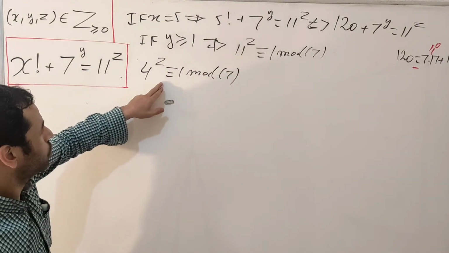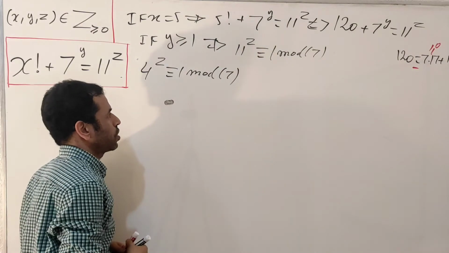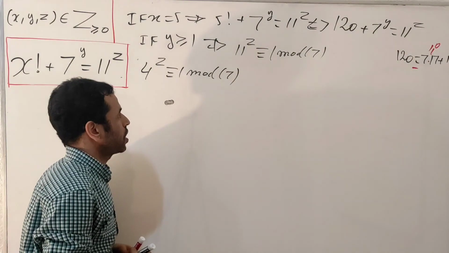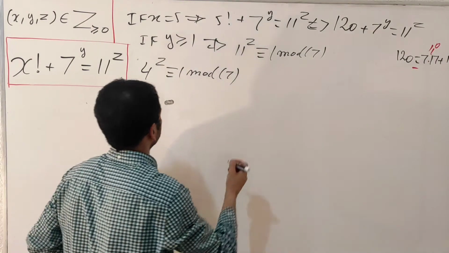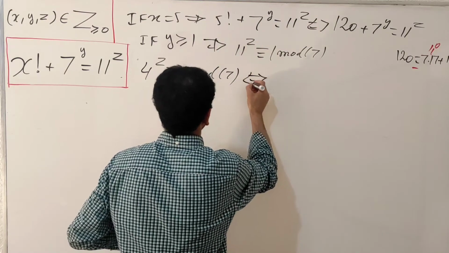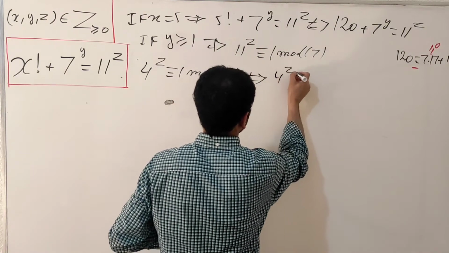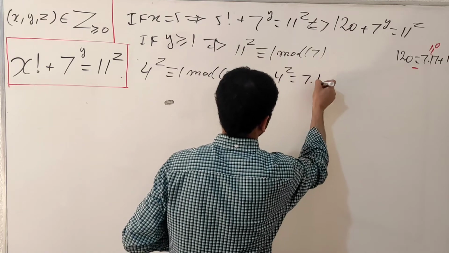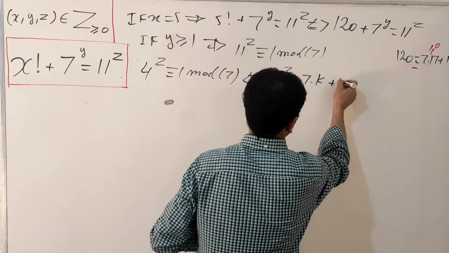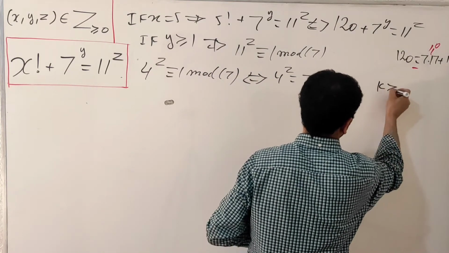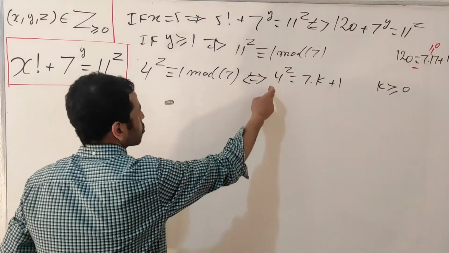Now I'm going to do this one in a different way by applying the arithmetic definition. So this is equivalent to 4 to the z being the same as 7 multiplied by k plus a remainder of 1, where k is some integer.